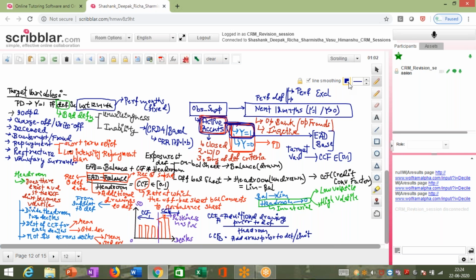So these are the two alternate definitions of the Basel model that we have for EAD. Basically both of these are fractions.